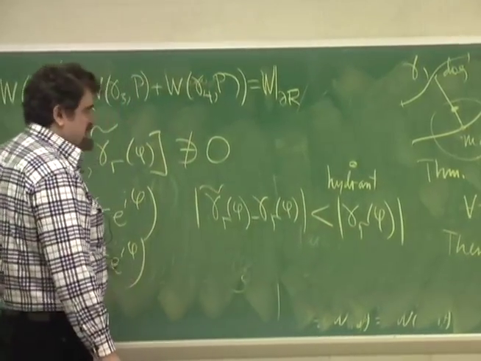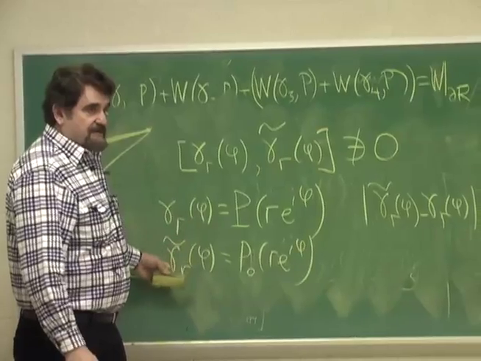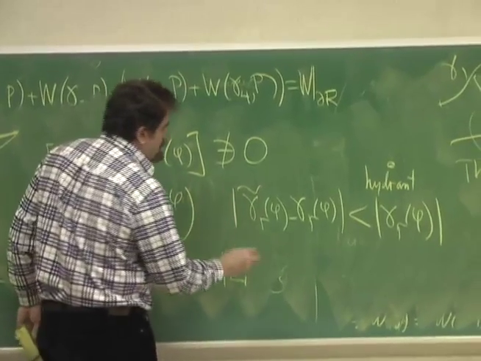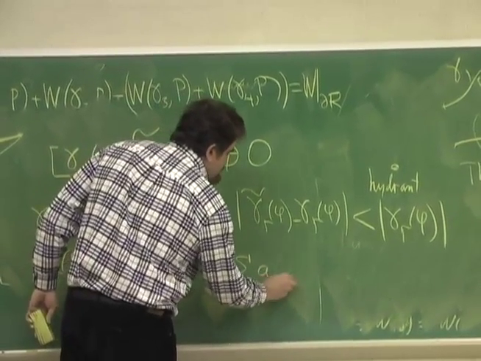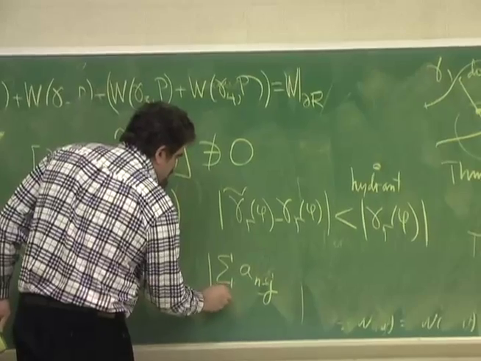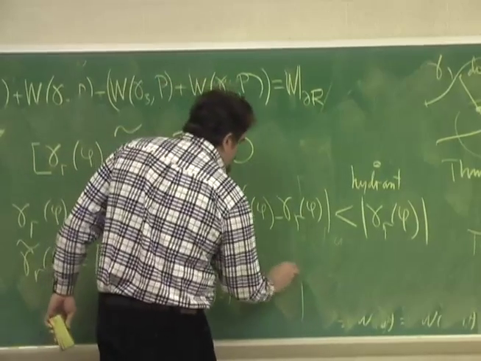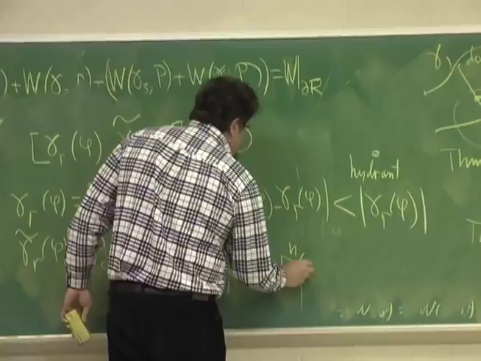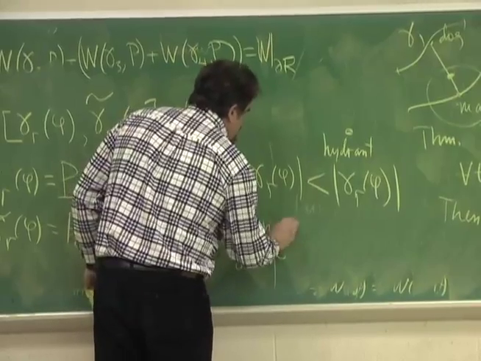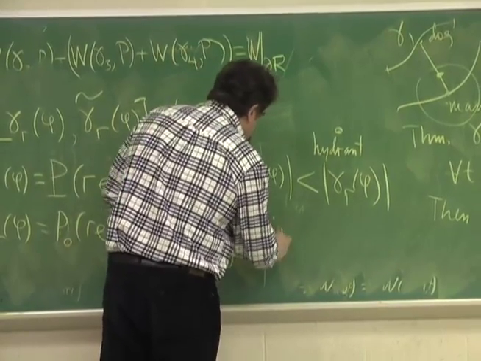But this is almost obvious, because what is this? I have to subtract this from this. It will be the sum of, Ilya was right, a n minus j, and j is not 0, j is 1 to n, r to the n, e to the i j phi.